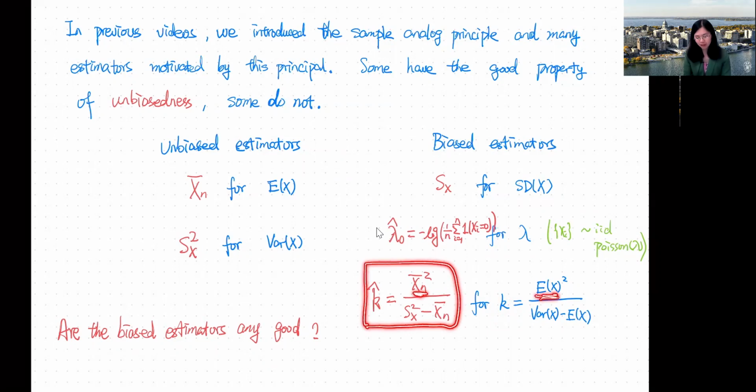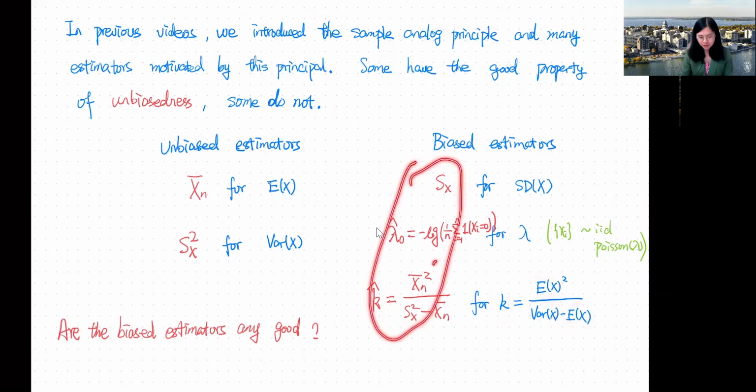Xn bar is a good, unbiased estimator of Ex, and Sx squared is a good estimator for the variance of x. We plug in these good estimators to obtain an estimator for K, but K hat is not an unbiased estimator for K because K is a nonlinear function of these quantities. So all these estimators are very reasonable, but they are not unbiased.